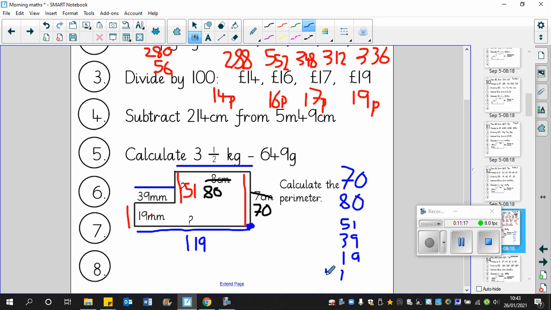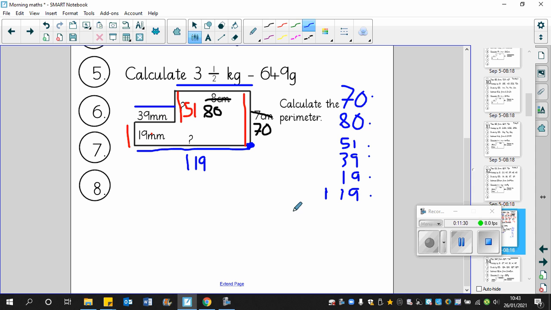Put a one there, and 19. So we've got 1, 2, 3, 4, 5, 6 numbers, 6 dimensions. So therefore that looks okay. And now add them all up.